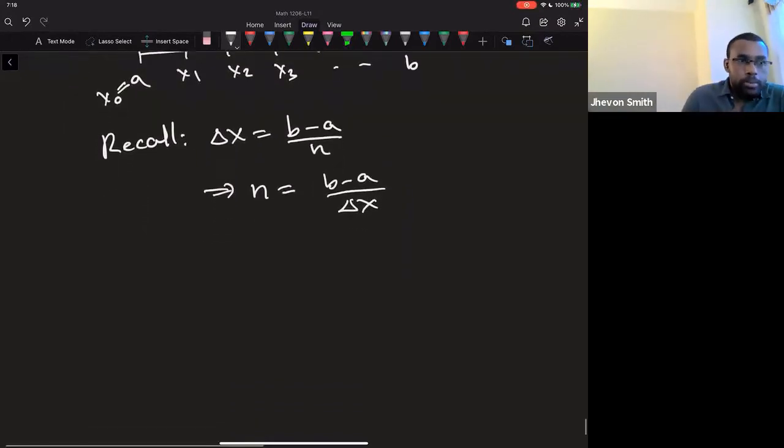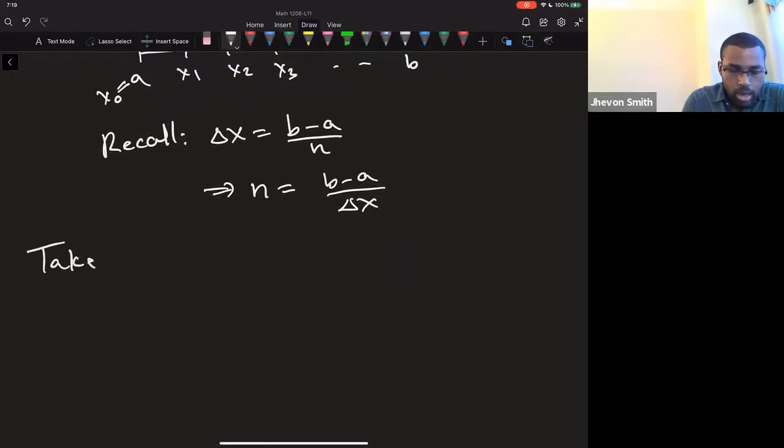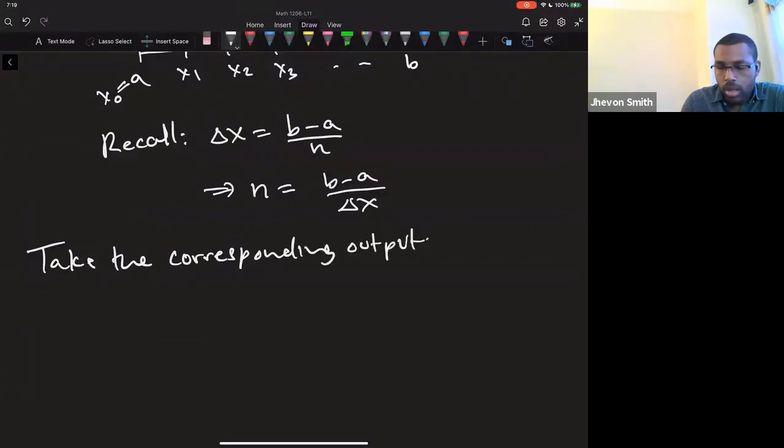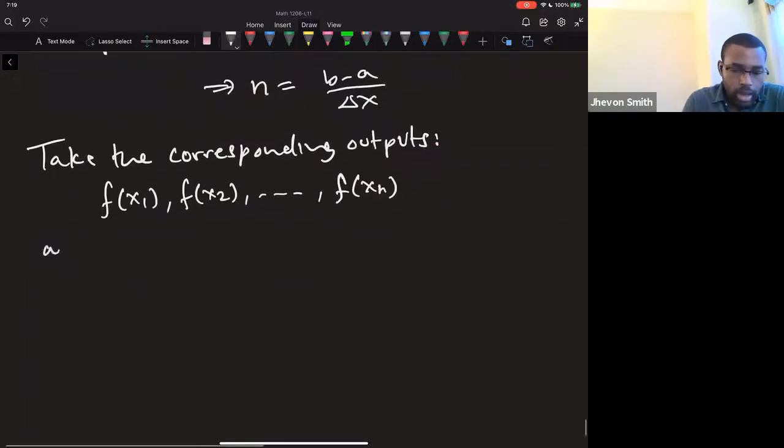And take the corresponding outputs. So I want to take f of x1, f of x2, all the way down to f of xn, and find the mean.